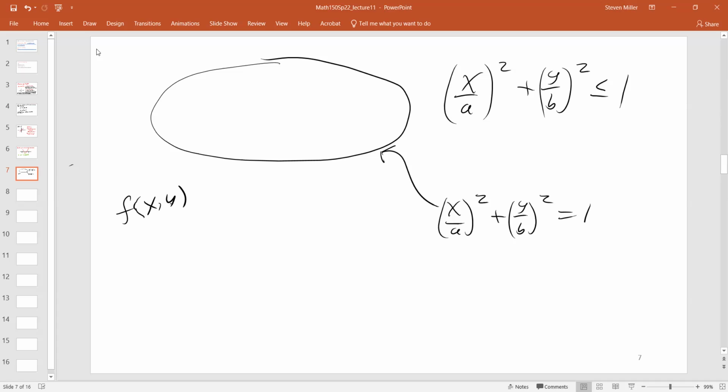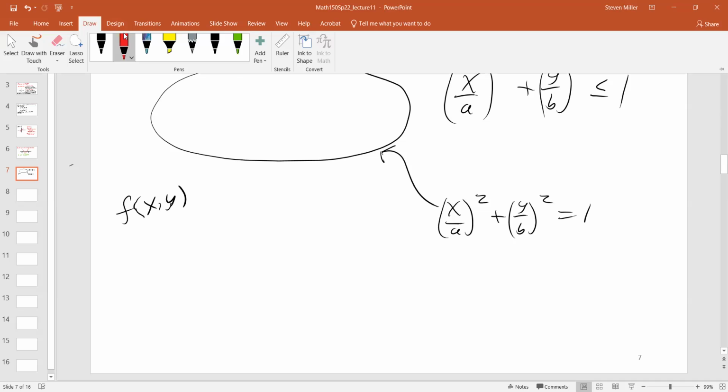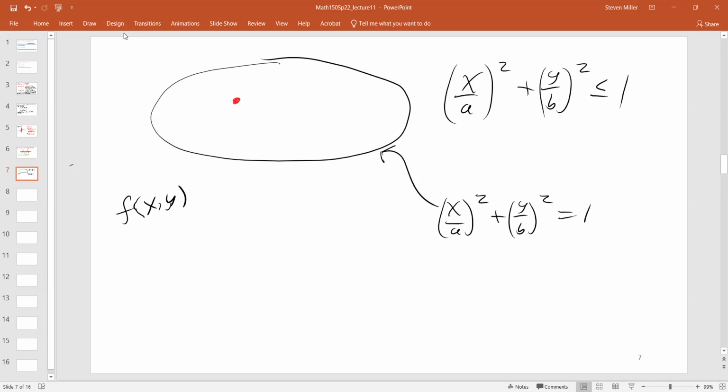Well, let's say we have a maximum over here. And we'll assume our function is differentiable. Well, I can move in the x direction. And because it's a maximum, what must be true about the derivative at this point if I move in the x direction? I regard it just as a function of x.